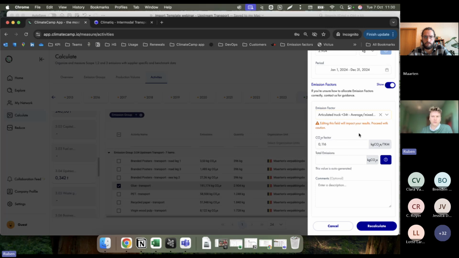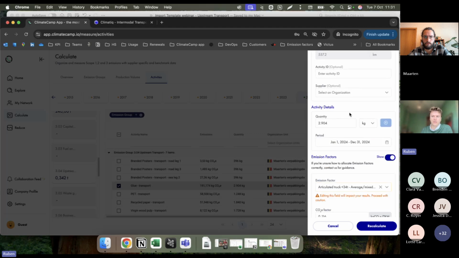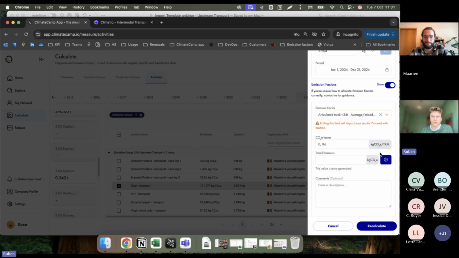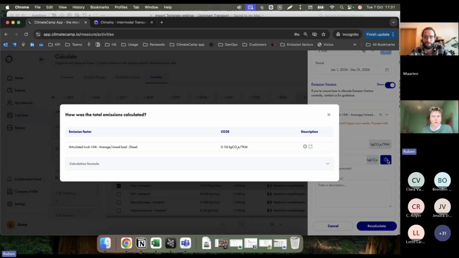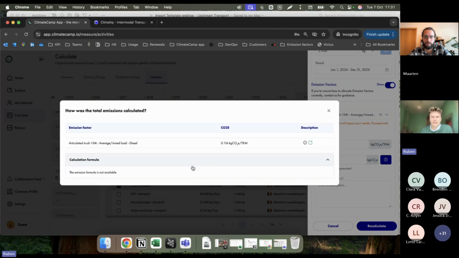So, quick reminder, what is a ton kilometer? A ton kilometer is translating the kilograms to tons and then multiplying it by the kilometers, which gets us how much weight has been transported over a distance. So in this case, ton kilometers is what we take as emission factor. If we push on the question mark, we'll see the specific emission factor that has been used, and we'll get some insights on it as well.